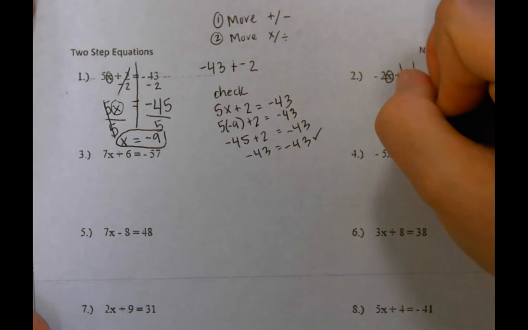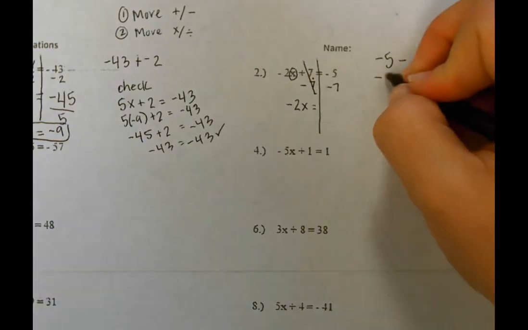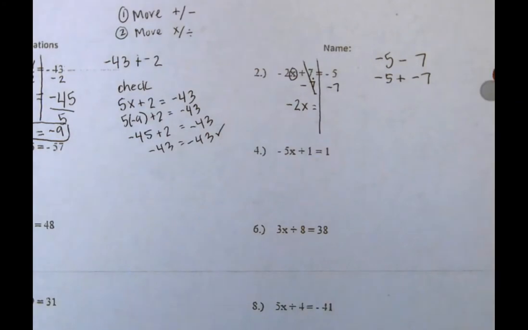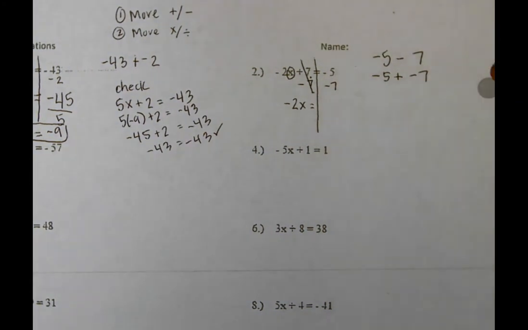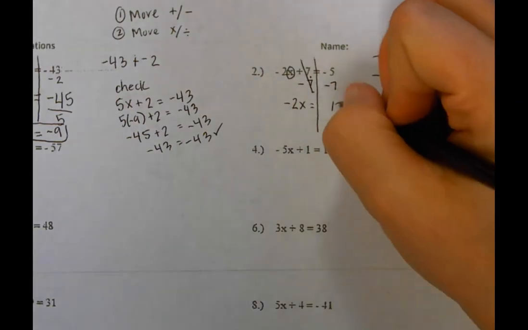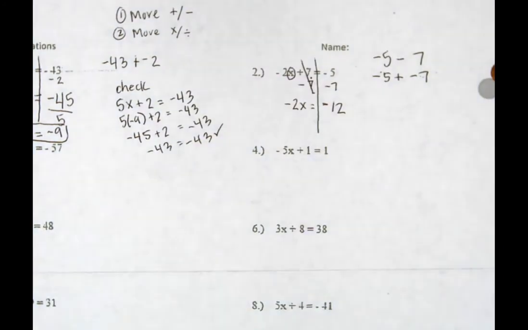So I have negative 2x equals negative 5 minus 7, which is the same thing as negative 5 plus negative 7 when I do keep, change, change. They're the same signs, so I add them together. That would give me 12, and then I keep the sign, so that gives me negative 12 as my answer.